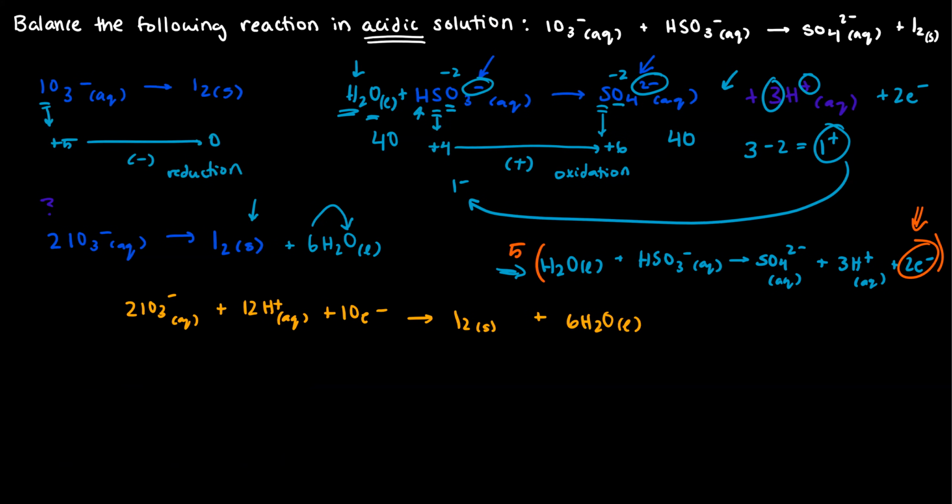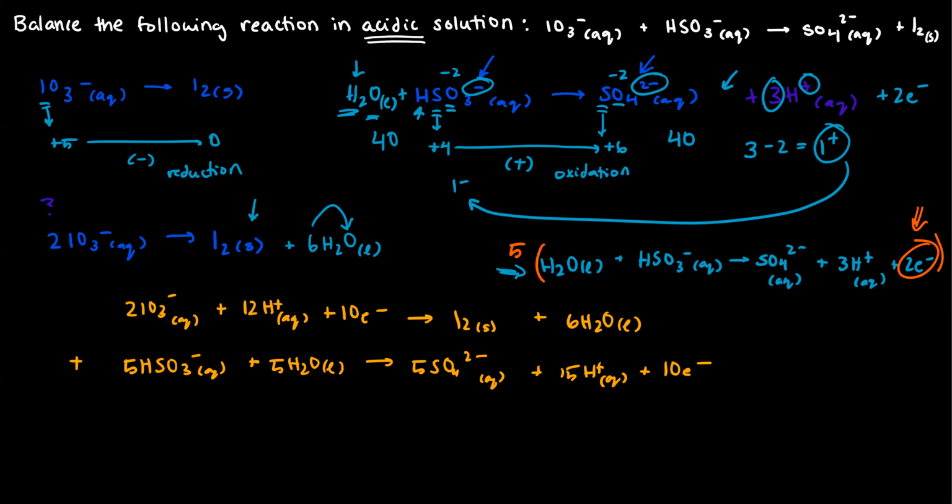And our second reaction was 5HSO3- aqueous plus 5H2O liquid leaves you with 5SO4 2- aqueous plus 15H+ aqueous plus 10 electrons. And we're basically going to add these up.